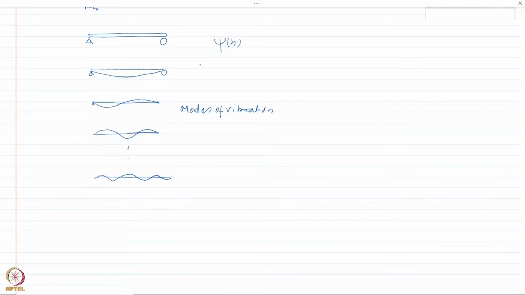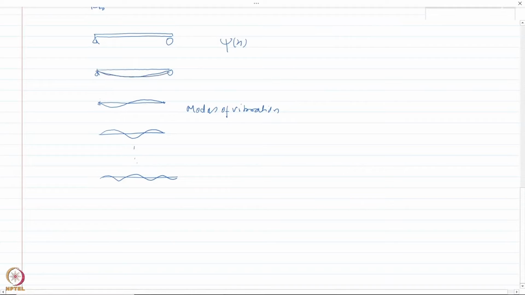What we are going to do here is assume that the first mode of vibration represents the deformed shape, and then assume any shape function, any function phi x, that somewhat represents the deflected shape of the structure. For example, if I consider a cantilever beam, I know that in deformed position, it looks something like this.